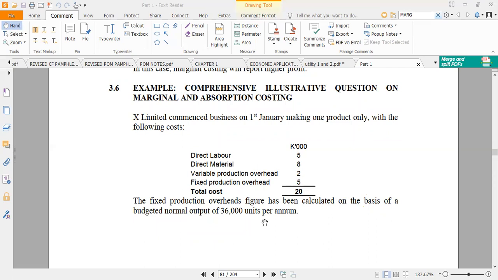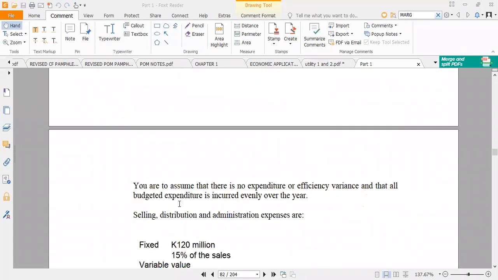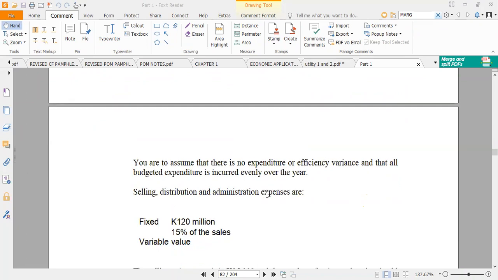You are to assume that there is no expenditure or efficiency variance, and that all budgeted expenditure is incurred evenly over the year.